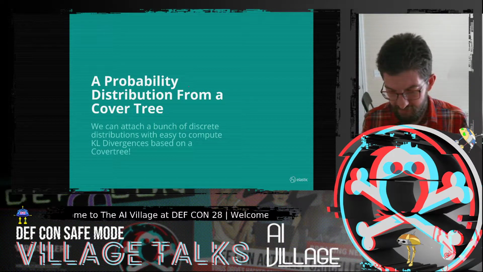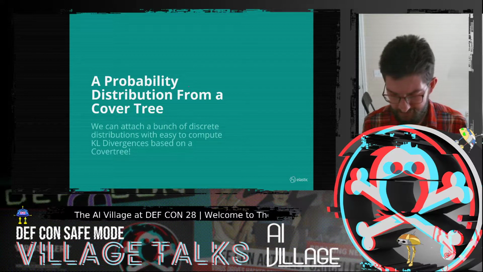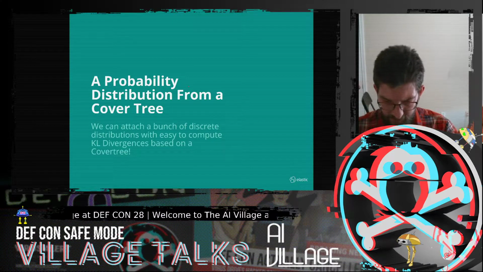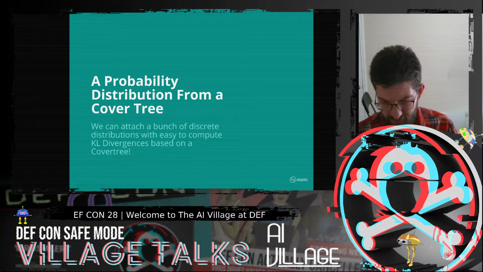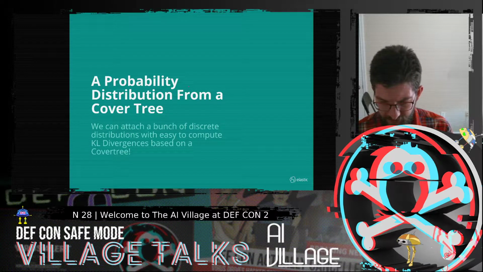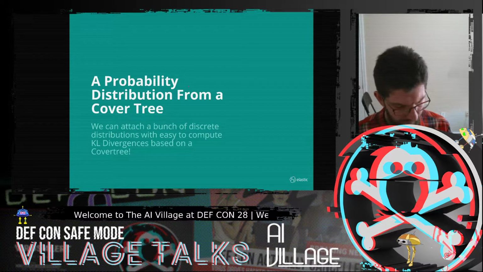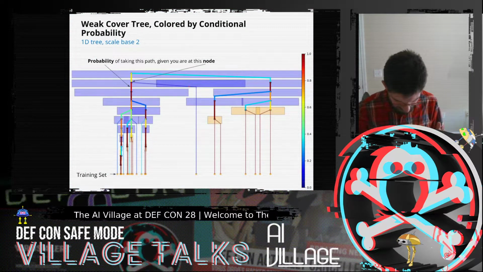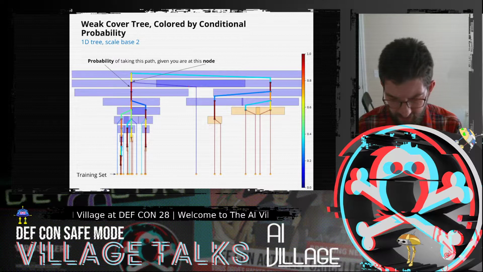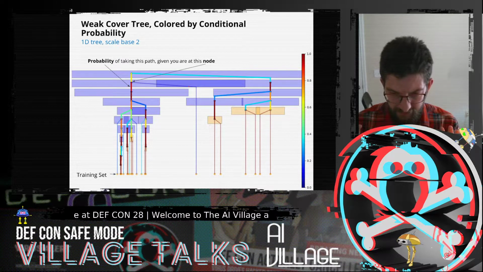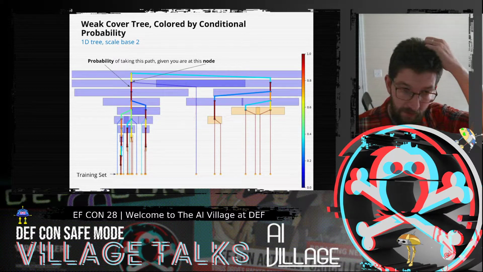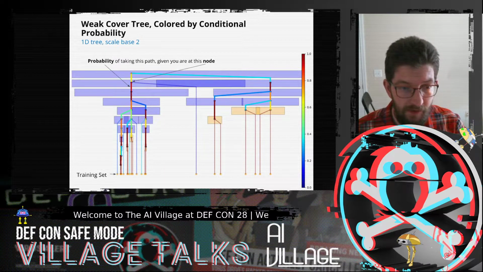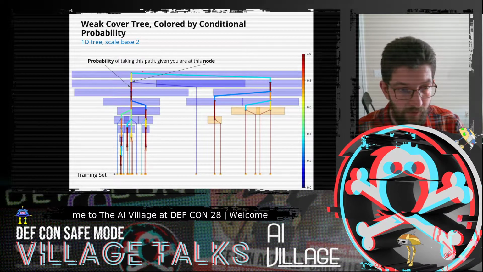So how do we get a probability distribution from the cover tree? Our cover tree will geometrically segment our data, and that geometric segmentation is relevant to the distribution, but now we've got to attach a probability distribution to that. At this decision point, I could either go to the side or down.